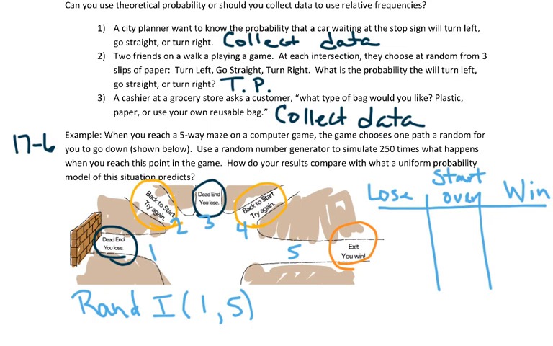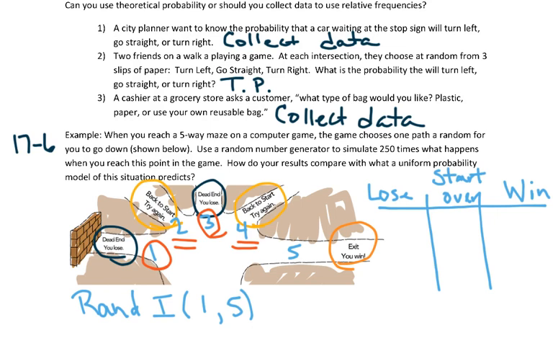When I randomly generate numbers, if it's a 1 or a 3, I would put a tick mark in the losing column. If it's a 2 or a 4, I would put a mark in start over.